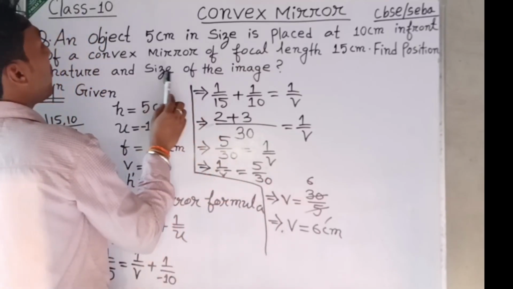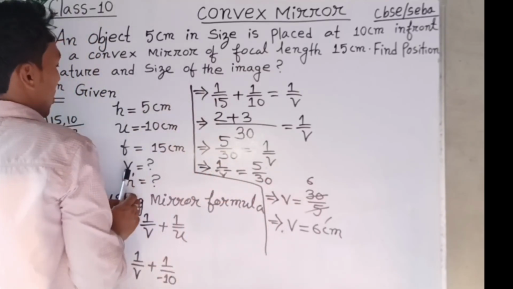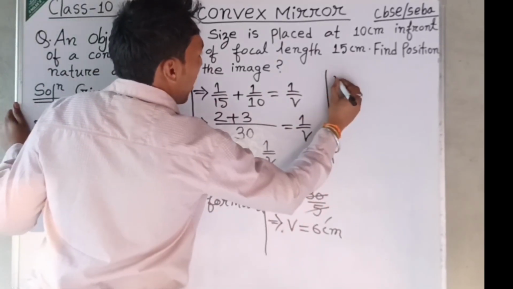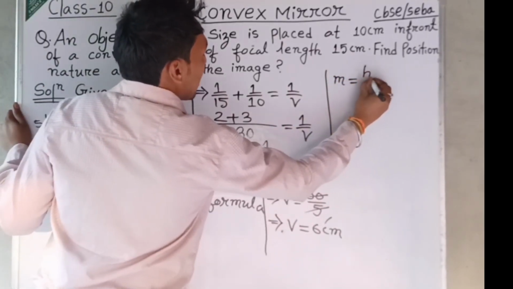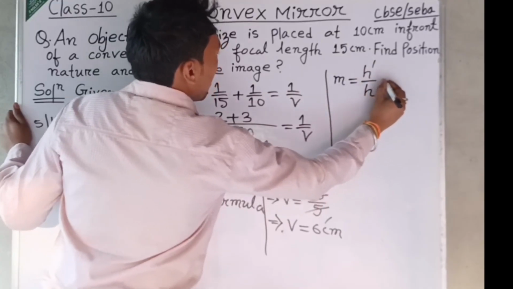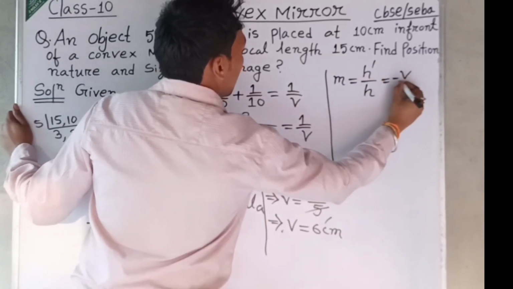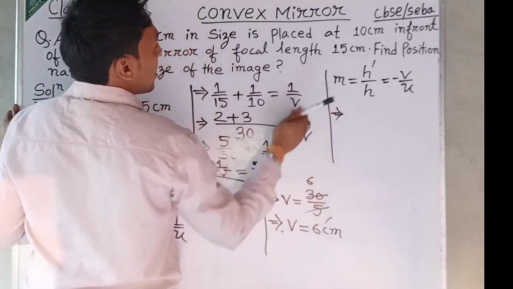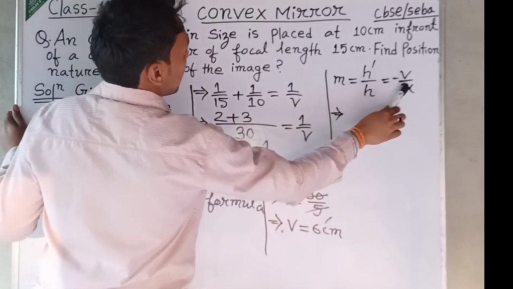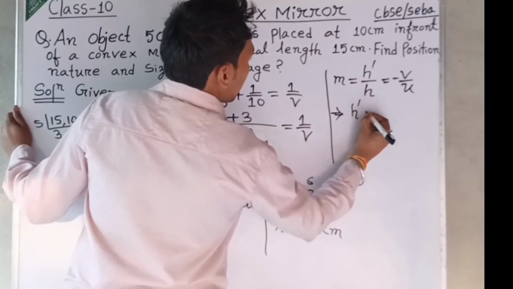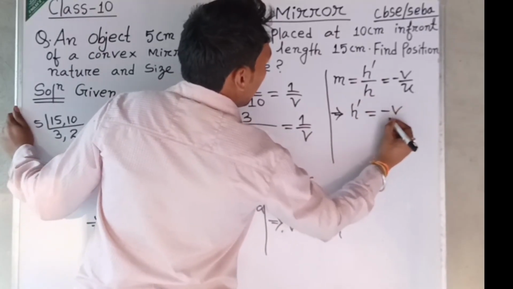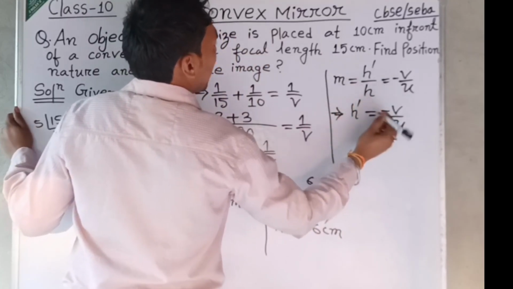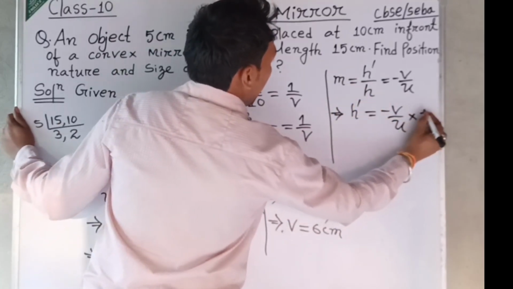First I will find the value of h dash, means size of the image. And as we know, magnification formula m equal to h dash by h equal to minus v by u. Now I need the value of h dash, so you compare this formula and this formula. So h dash equal to minus v by u. If you take this h right hand side, then this will become multiply h.